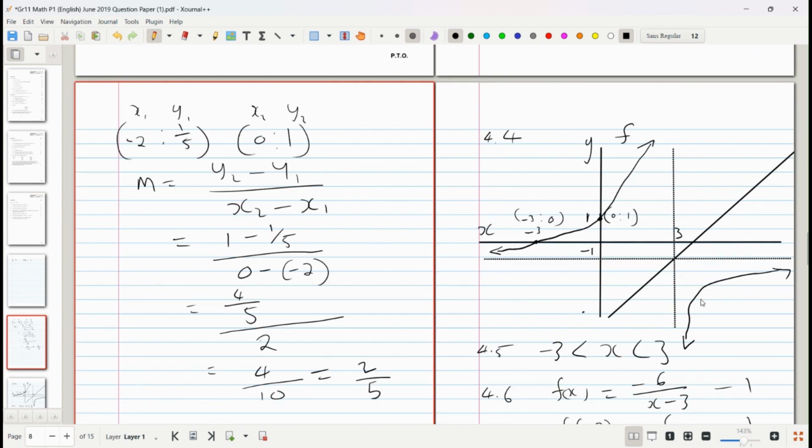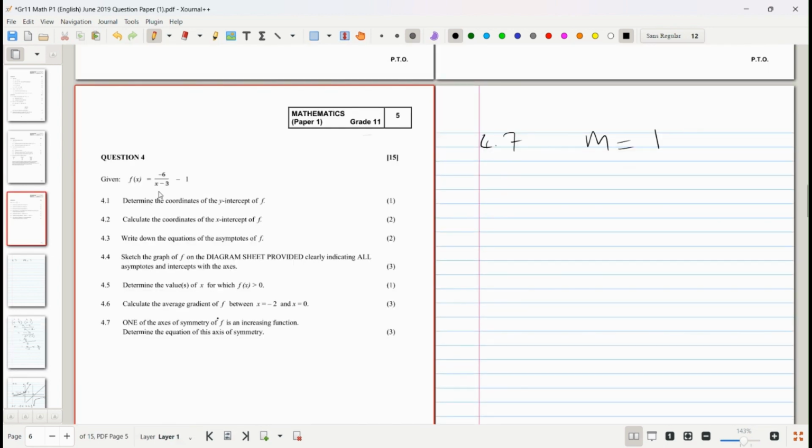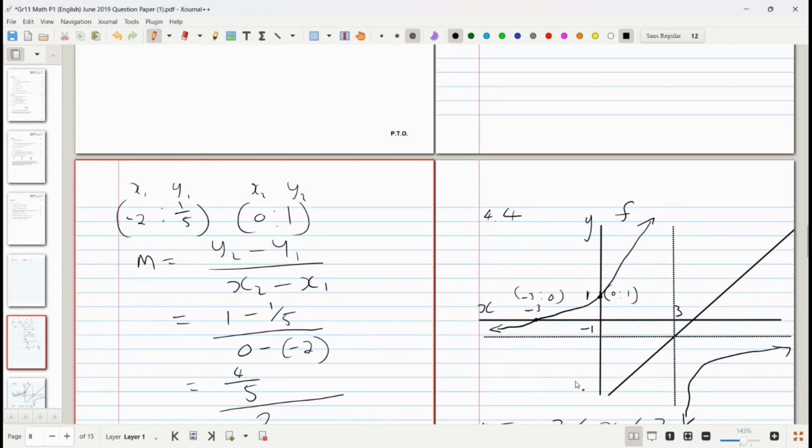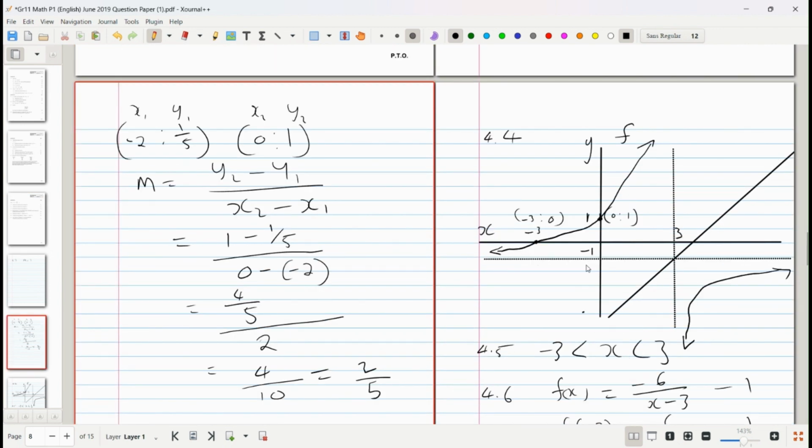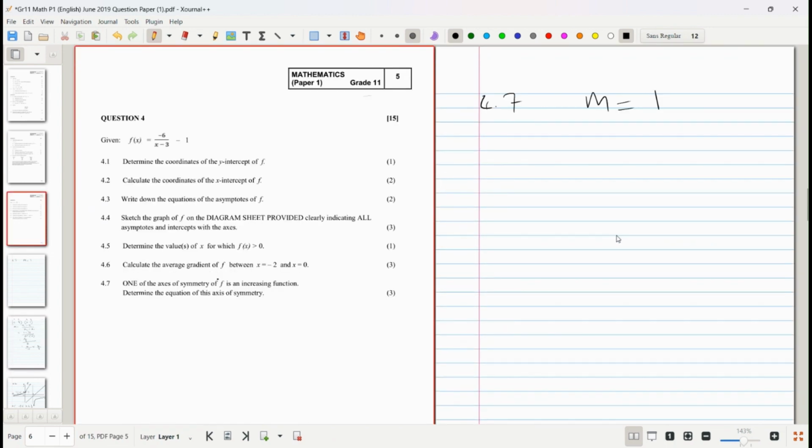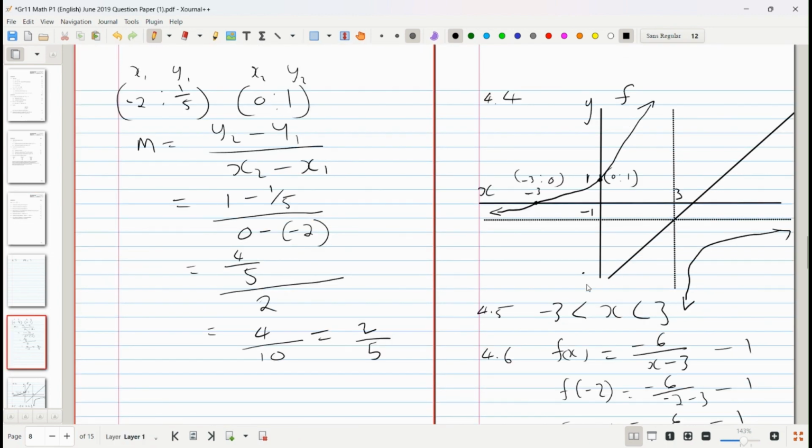This line here was supposed to be y equals to x. So it's not y equals to x because this function is shifted. It's not in its original form. So we need to find the equation for this line here. But what do we know? We know that this function cuts at the axis of the asymptote, and the coordinates here, it's 3.